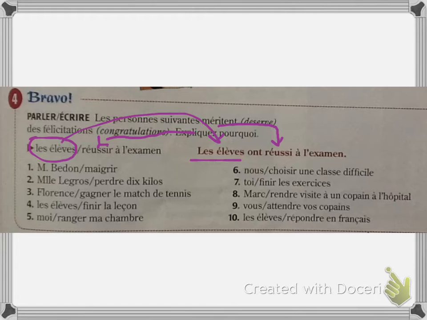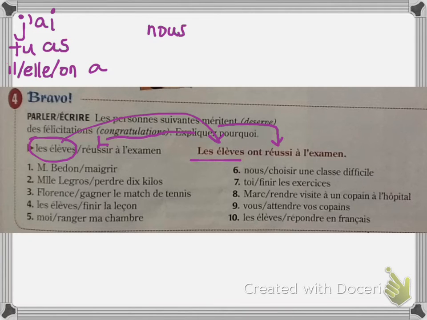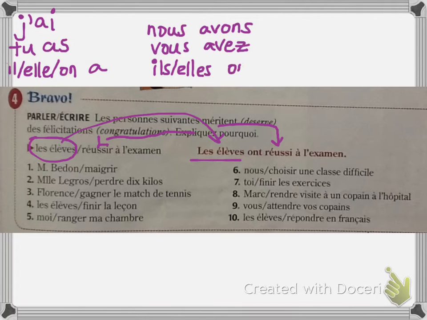Okay. Remember again, we have to add our forms of avoir. So, j'ai, tu as, il, elle, on, a, nous avons, vous avez, ils, elles, ont.